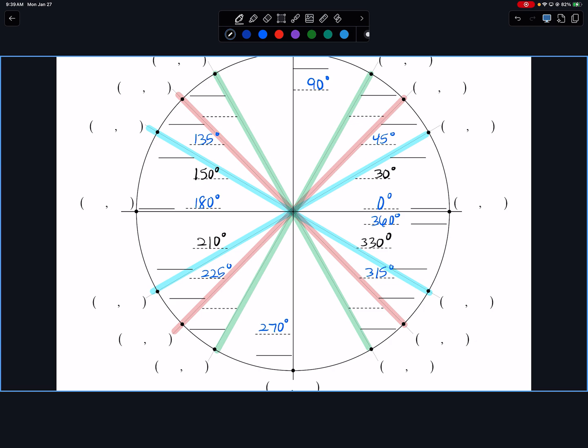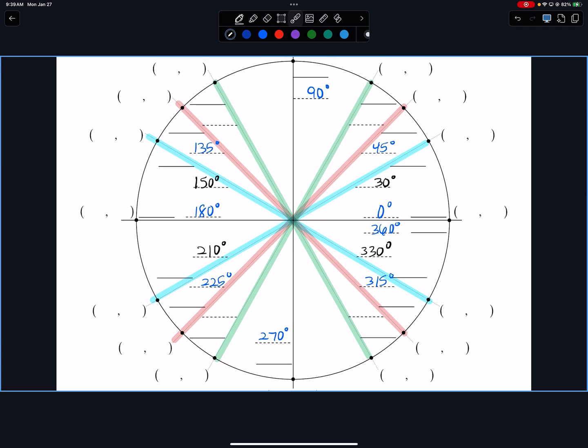Okay. Now, all of the green angles, the ones that are closest to the y-axis, these are my 60-degree angles. So this angle right here is going to be 60 degrees. Now, what's the distance between these two angles? 30. So I'm going to go 30 degrees forward. So 90 plus 30 gives me 120.